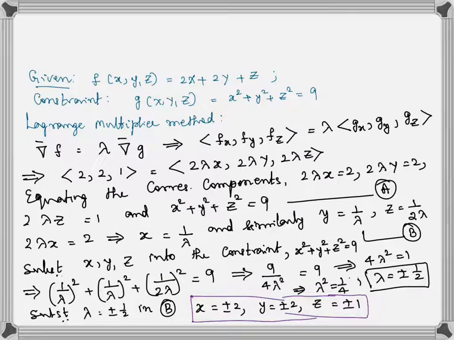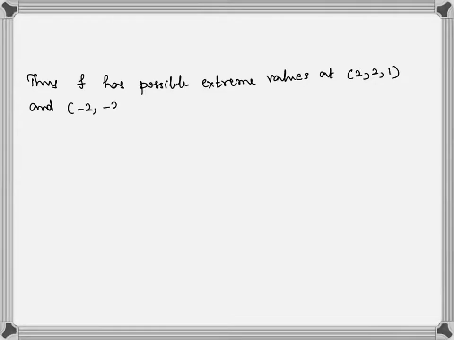Now we got x, y, z. Now we are going to find the values of f at these points and pick the highest and the lowest. Thus f has possible extreme values at 2, 2, 1 and -2, -2, -1.